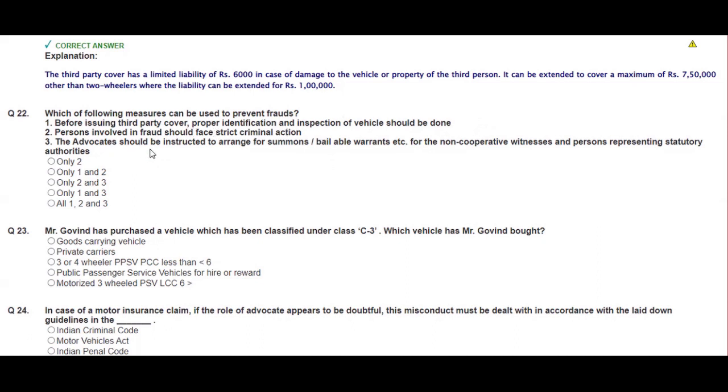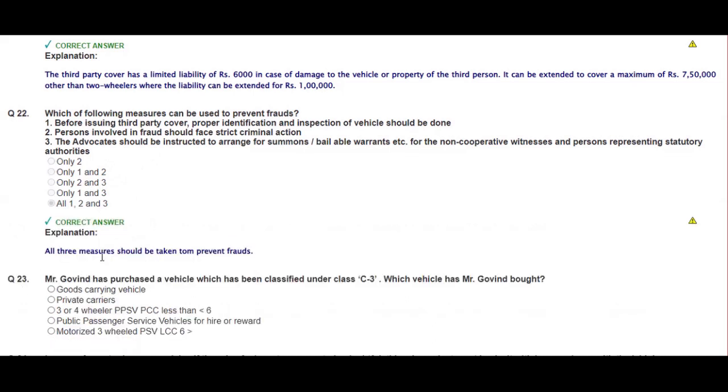The advocate should arrange for summons or bailable warrants, etc., for non-cooperative witnesses and persons representing statutory authorities. Preventive parts, I think all the above. The 3 measures should be taken as preventive steps.